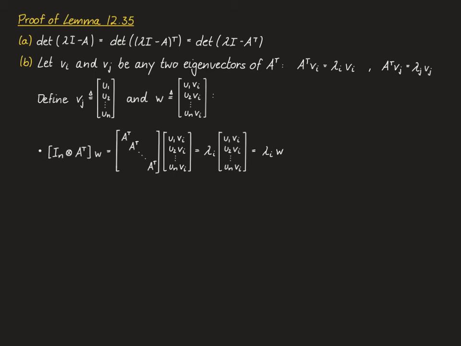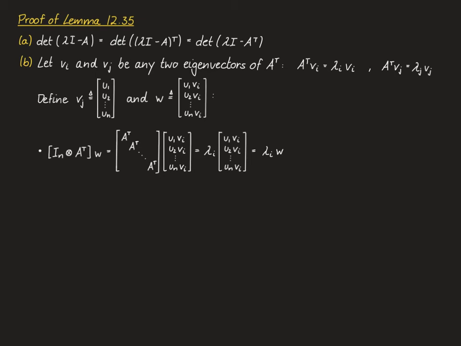Now observe that this vector w is an eigenvector of the matrix defined by the Kronecker product of In with A transpose, and that's because the Kronecker product of In with A transpose times the vector w is equal to lambda i times the vector w, which is easily seen by substituting the definition of the Kronecker product, which means that this matrix here is given by the matrix that contains A transpose n times on its diagonal.